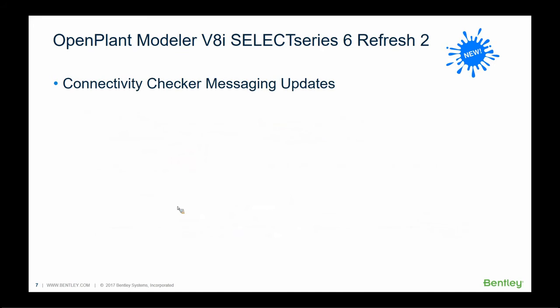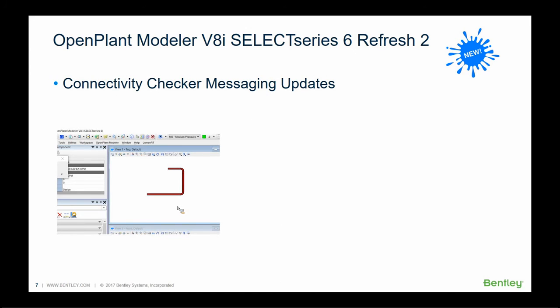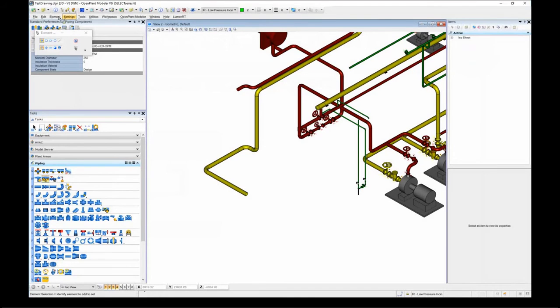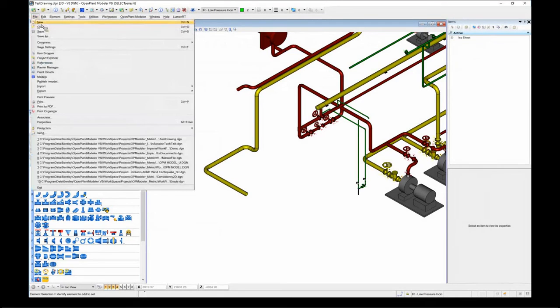So moving on to connectivity checker messaging updates. And what do we mean by connectivity checker messaging updates? Let me quickly switch back to my drawing.